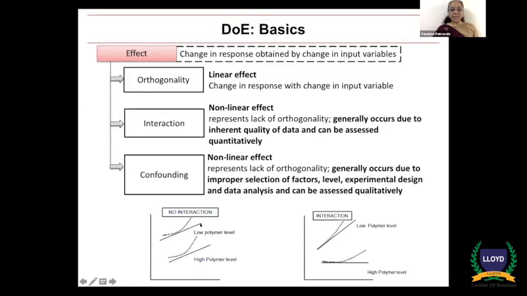So you can see here what I have represented is that as the polymer concentration increases, you are getting the release effect. So release, obviously, if I plot say release here, release is decreasing when I go to high polymer level. And so this line slope is the same as this line slope.